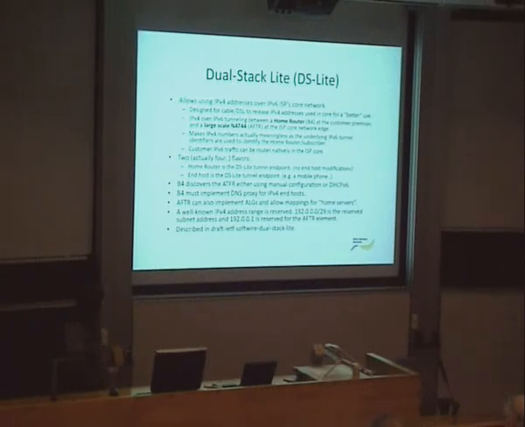So there are four flavors of it. And one of the things is that they reserve certain addresses so that the CPE devices or routers, if they need to initiate some traffic towards the network, can use this certain address range.